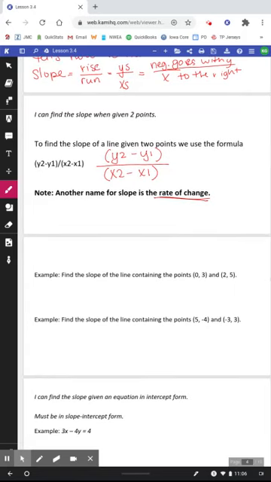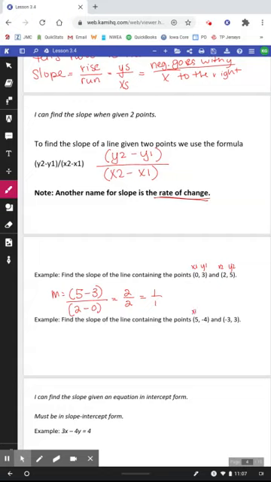So example 1, find the slope of the line containing the points (0, 3), which I'm going to label as x1, y1, and the second point, x2, y2, is (2, 5). So using my formula for slope, I'm going to do y2, which is 5, minus y1, which is 3, over x2, which is 2, minus x1, which is 0, which gives me 2 over 2, which gives me 1 over 1.